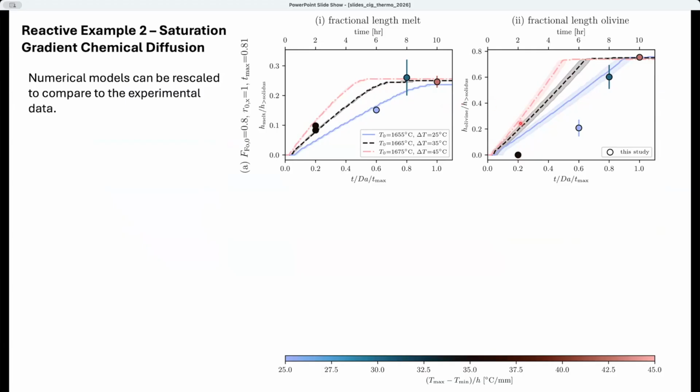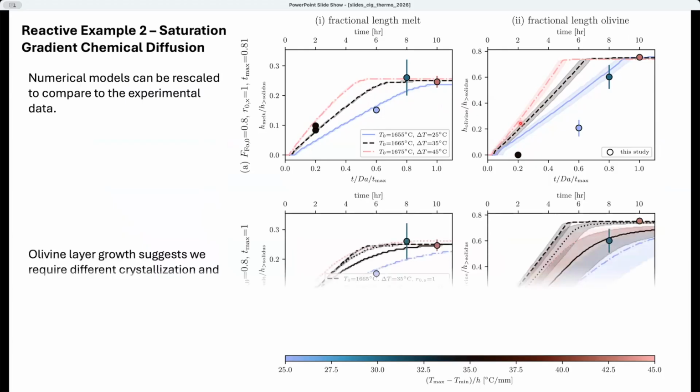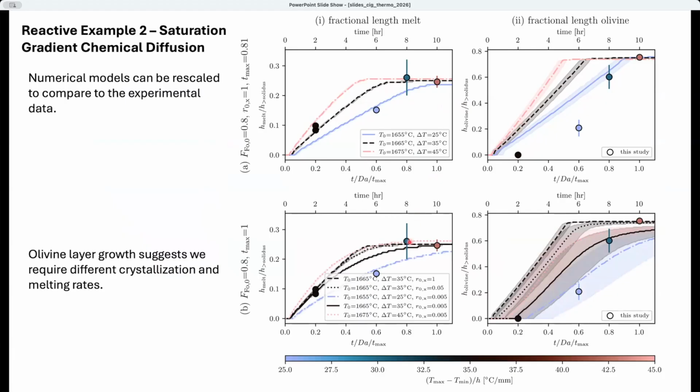And one possible way of squaring that circle is to have different rates of reactions, so different disequilibrium rates of reactions for the melting and the crystallization. And if we slow down our crystallization but keep the melting rate the same, we can still fit our melting data, but we can slow down and smear out the initiation of that forsterite layer in our numerical models.